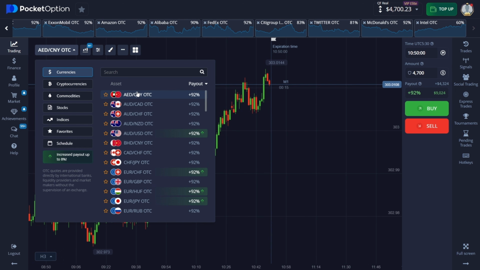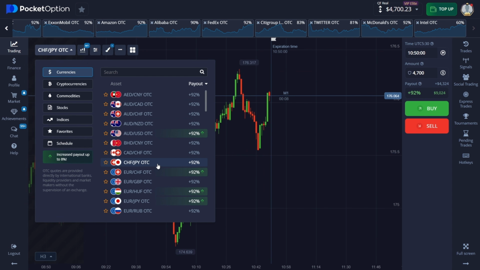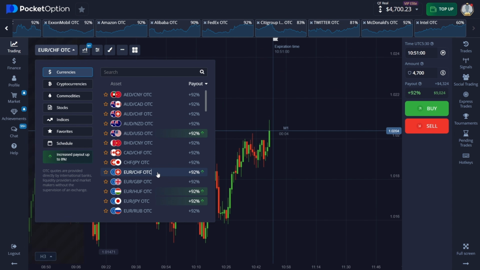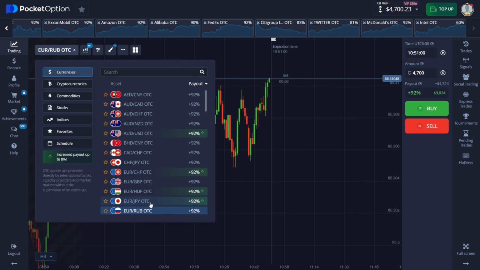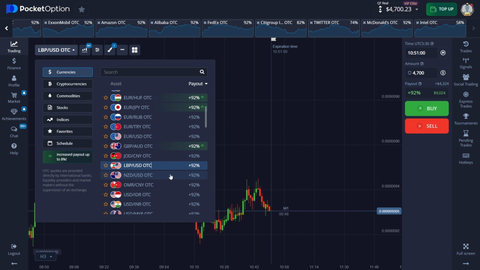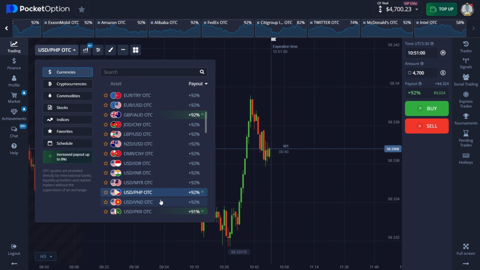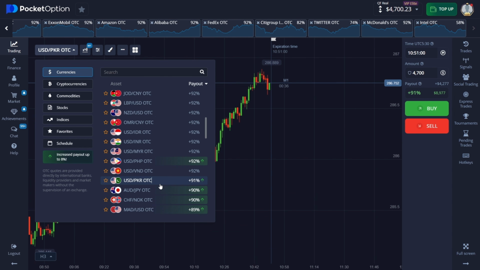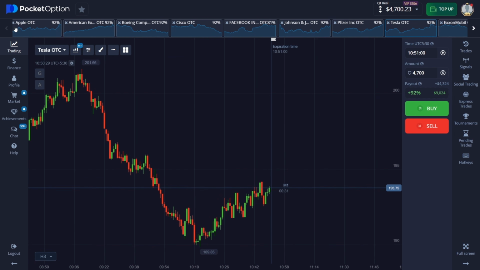Let's check currency pairs. Okay, getting back to stocks, there are also no trades available in currency pairs.